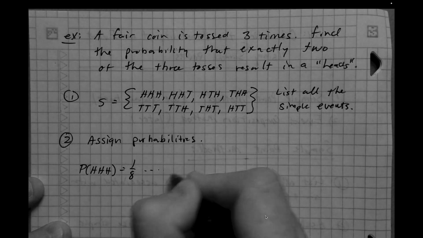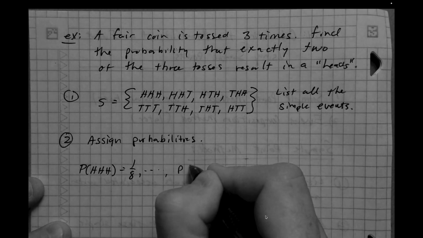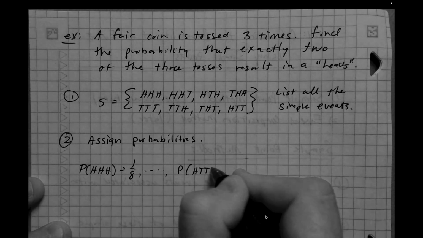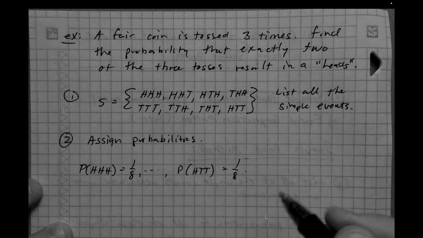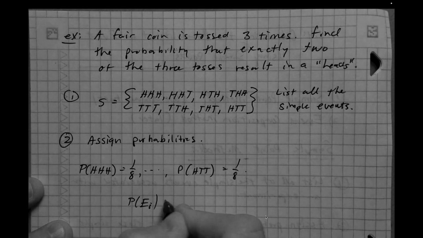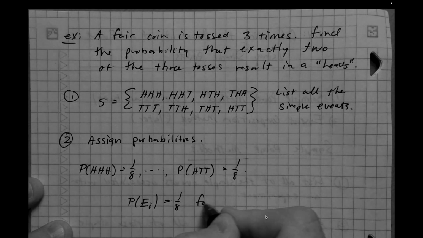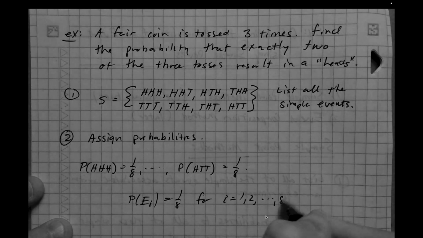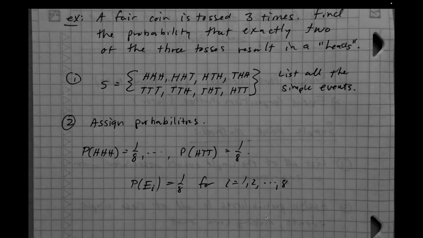And so on. And so kind of working through all these, you'd end with the probability of HTT also equal to 1/8, right? Another way to say it is that the probability of Ei is equal to 1/8 for i equal 1, 2, dot, dot, dot, 8, right? So for all 8 events, the probability is equal and equal to 1/8. Okay, very good. So far, so good.